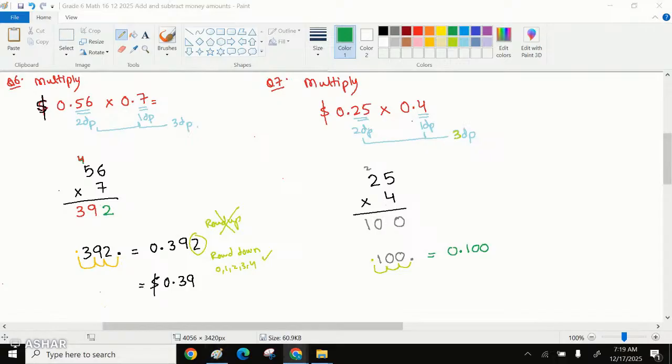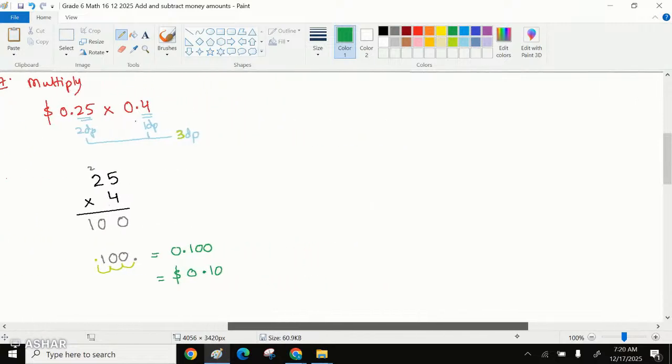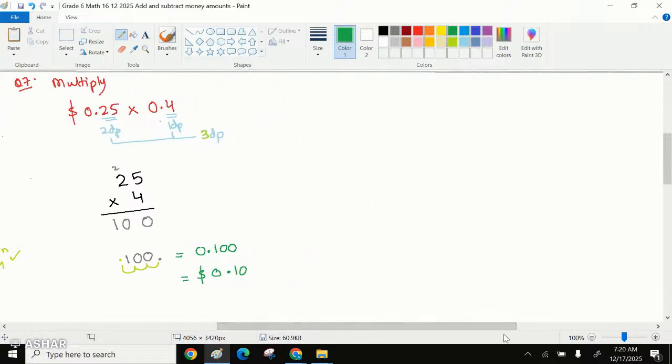And because this is currency, we're talking about money over here, we give it to 2 decimal places. That means 0.10 is your final answer. Okay, agreed? Any questions? Very good.